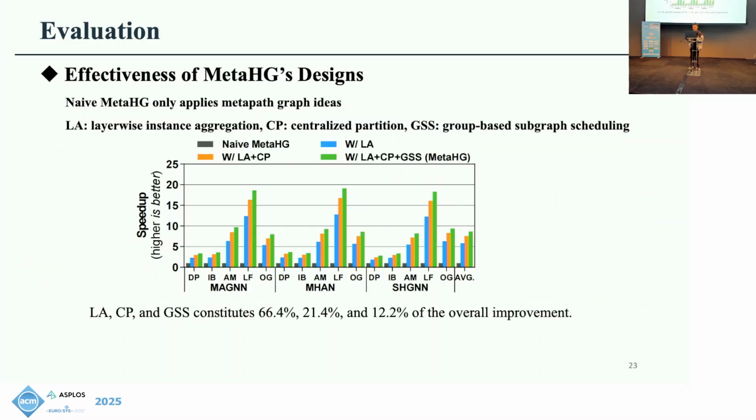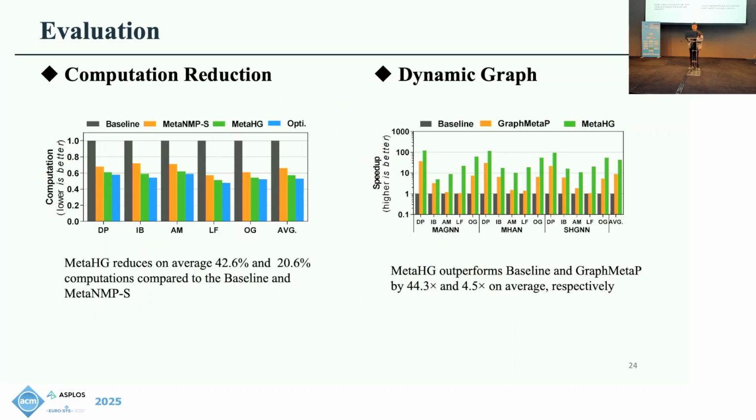We further tested the contributions of our 3 key techniques to the overall performance, and the results are in the figure. The naive MetaHG only applies Metapath graph ideas using the traversal method to get the Metapath instance. And we also tested the redundant computation reduction and the performance on dynamic graphs.